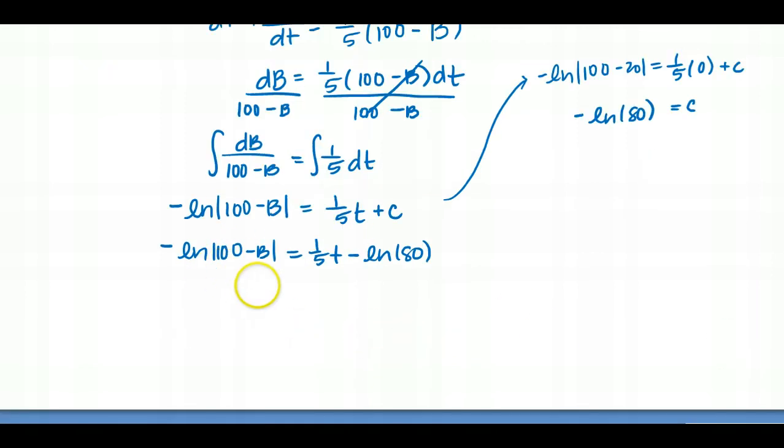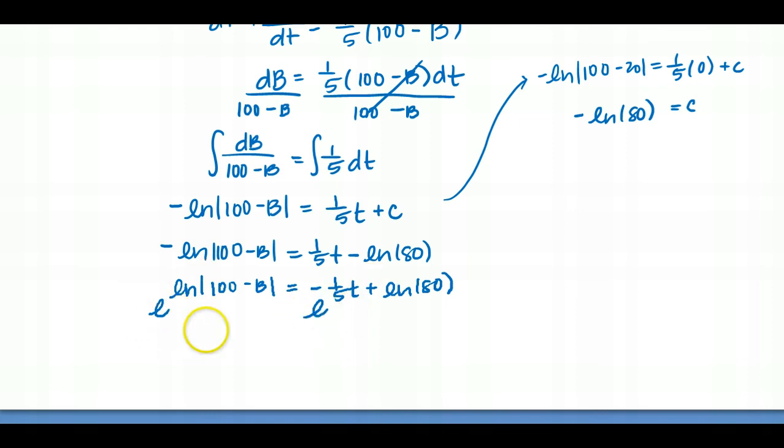And now we need to solve for b. So let's divide both sides by the negative. We get positive natural log of 100 minus b equals negative 1/5 t plus natural log of 80. And we exponentiate both sides. The e to the natural log cancels. I get the absolute value of 100 minus b equals e to the negative 1/5 t plus natural log of 80.